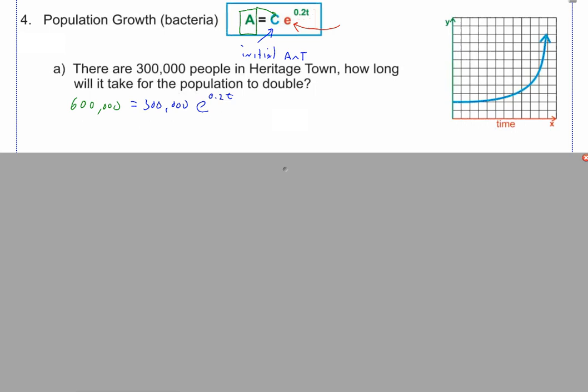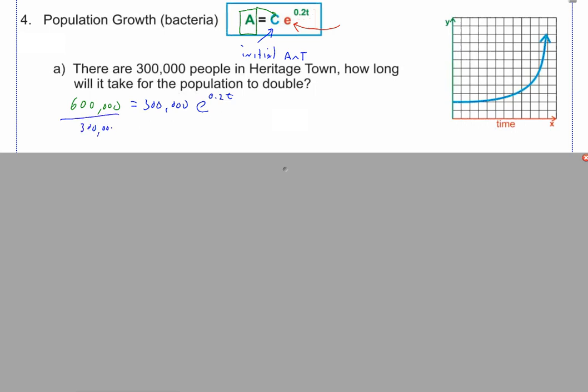Now, you could have done this problem even if I hadn't told you there were 300,000 people. Remember, with an exponential function, we have to isolate the base with its exponent before we can continue. So we need to move the 300,000, just like always.